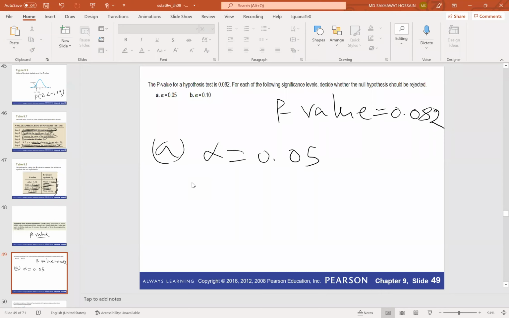So this is our level of significance, and this is the p-value. So what should be our decision? Should we reject or fail to reject the null? Compare the alpha value and the p-value and make your decision. So what do you think? Should we reject the null hypothesis or fail to reject the null?